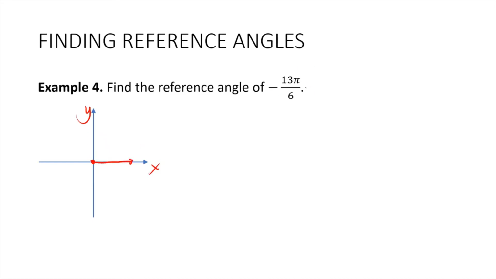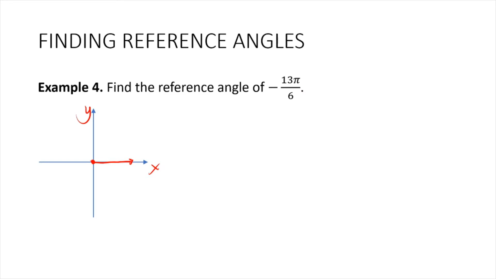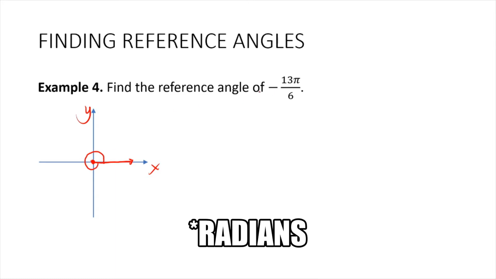Now, 13 pi over 6 is some degrees more than 2 pi, where 2 pi is the radian equivalent of 1 revolution. Alright, and remember that the angle is negative, so rotation should be clockwise. Right, so from the initial side going clockwise, 2 pi is 1 revolution, right? So this is 2 pi. Again, 13 pi over 6 is just some degrees more than 2 pi.